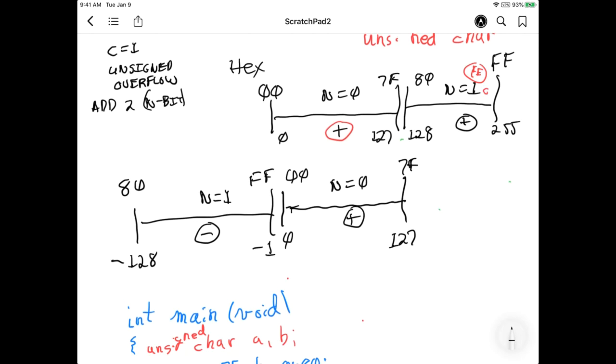If you add two n-bit numbers and get n plus 1 bits, that's an unsigned overflow. Or if you subtract a larger number from a smaller one.